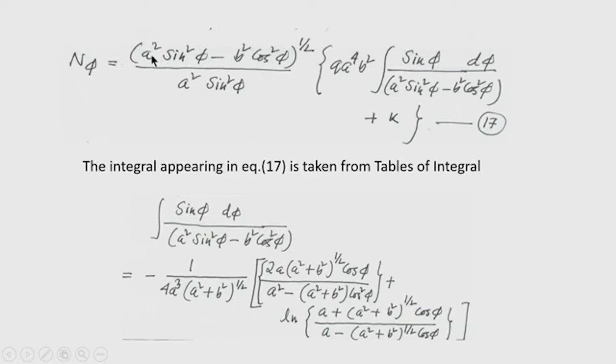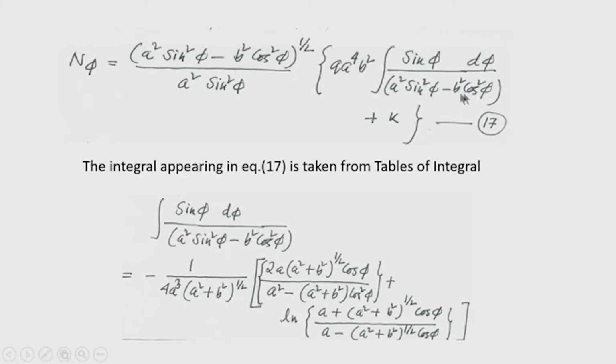So, after integration we obtain n phi equal to a factor, s square sin square phi minus b square cos square phi, under root, or it can be written as raised to the power half, divided by s square sin square phi, and it is multiplied by q a to the power 4 b square times the integral of sin phi d phi by (s square sin square phi minus b square cos square phi).